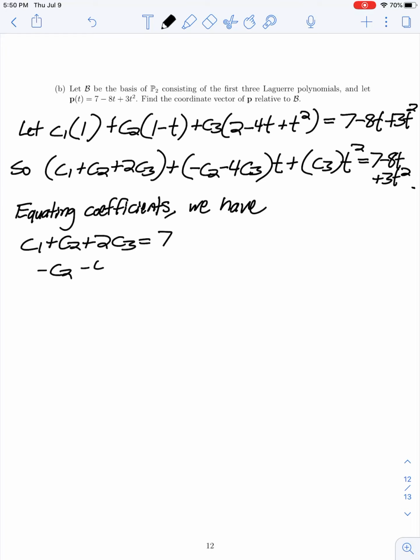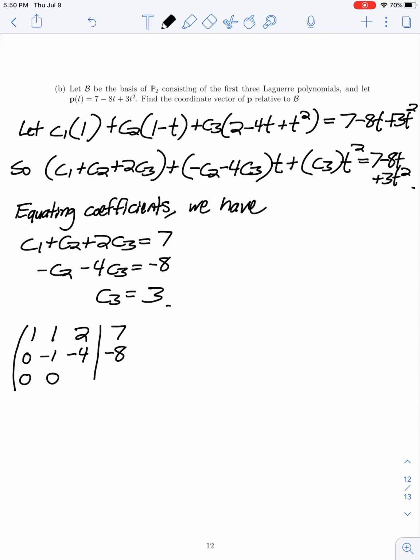Negative C2 minus 4 times C3 has to equal negative 8. And our t squared coefficient C3 has to be 3. So let's consider this system of equations as an augmented matrix. We would have 1, 1, 2, 7, 0, negative 1, negative 4, negative 8, and 0, 0, 1, 3.